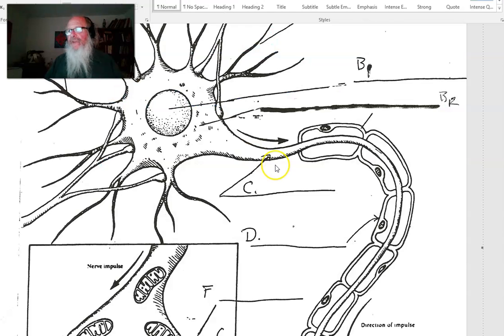Okay, so we've got the dendrites here, we've got the cell body, and then in particular we've got the nucleus. And leaving the cell body is, this is the main part of the tube, blank 3 on our handout, the axon. So one axon leaves the cell body.